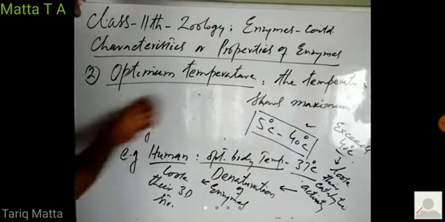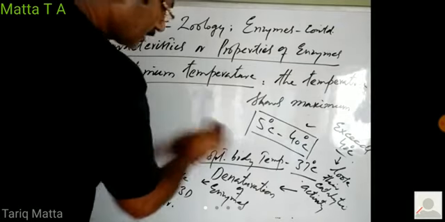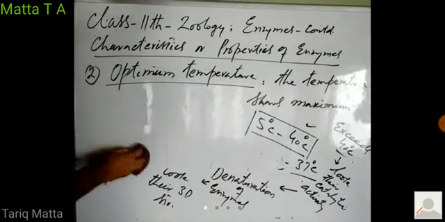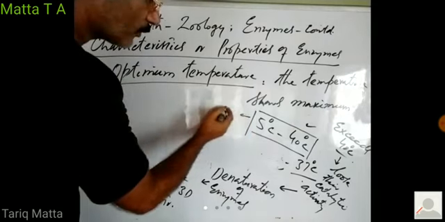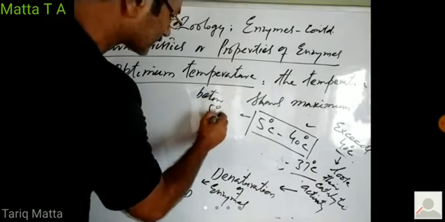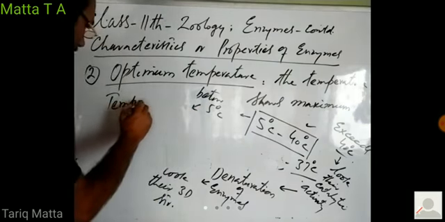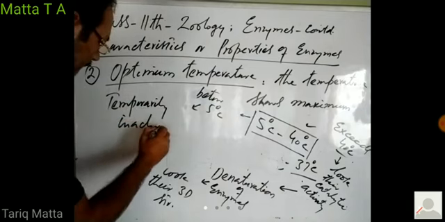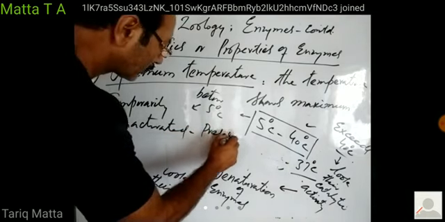Is the loss of enzyme structure in denaturation permanent? In denaturation, the enzymes lose their structure permanently. Once denaturation occurs, the enzyme cannot become active again. But at low temperatures, below 5 degrees Celsius, enzymes get temporarily inactivated, or we can say they remain preserved at low temperatures.